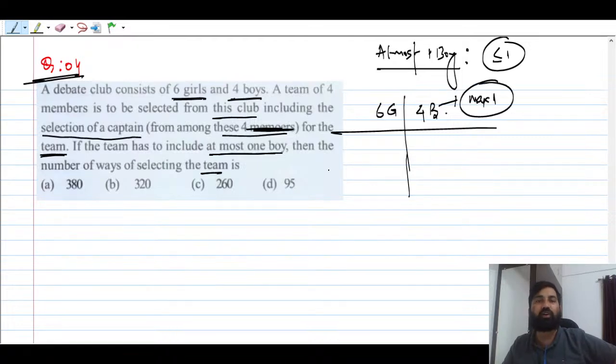This is allowed. Okay, I hope this makes sense to everyone. So let me read the question again. A debate club consists of 6 girls and 4 boys, and you have to make a 4-member team, right? So मतलब क्या है? 4 and 0 boy is fine, right, in one team. There is no boy in the team.